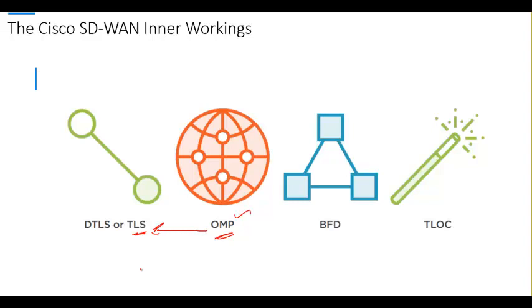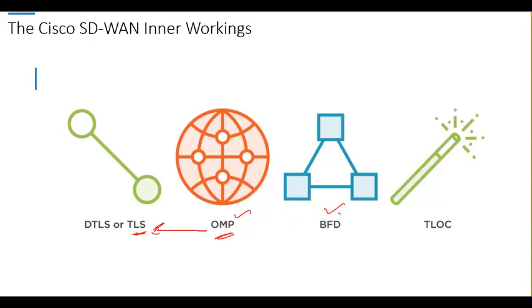As I said earlier, it is like a route reflector in BGP. OMP also won't come in the path of data plane application traffic. OMP is only control plane traffic that determines the control plane.